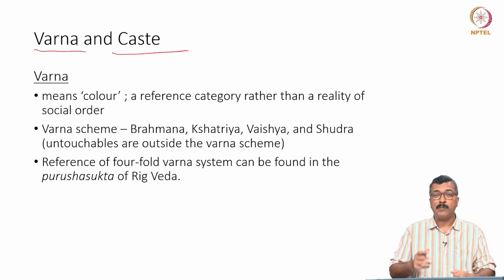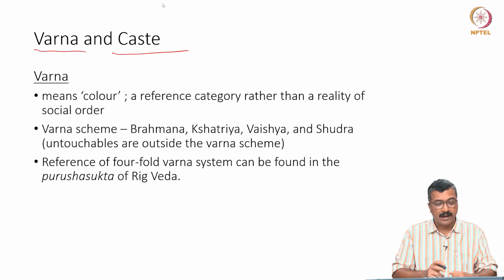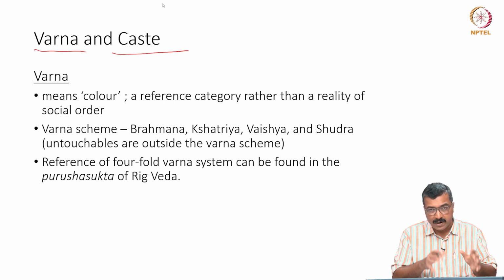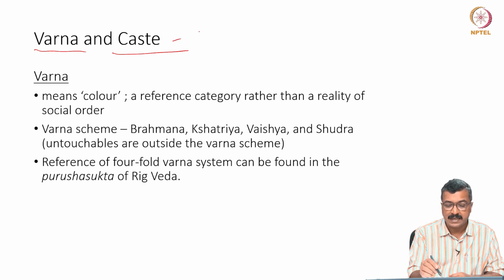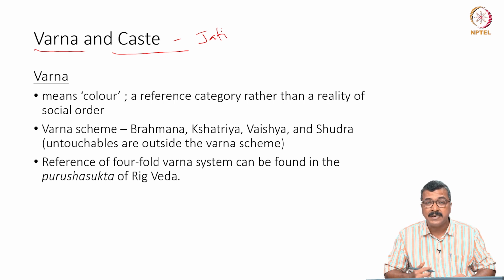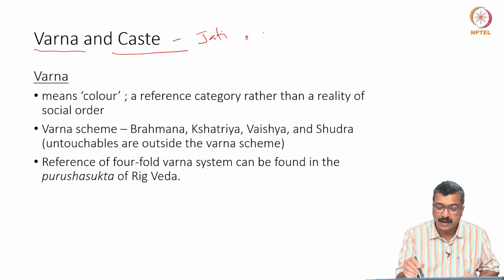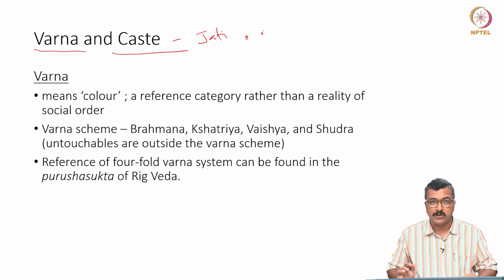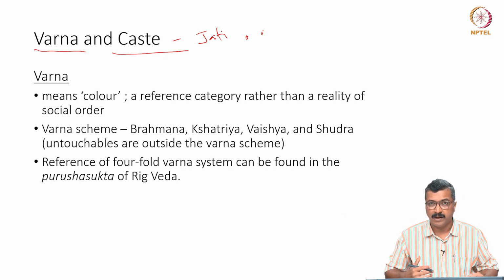So one of his very important contributions is to very strongly argue that the conceptual framework of Varna is very different from that of caste, or what he calls Jati. Jati is the Indian term to indicate the much smaller, geographically bounded, innumerable castes, whereas Varna is just four in number.